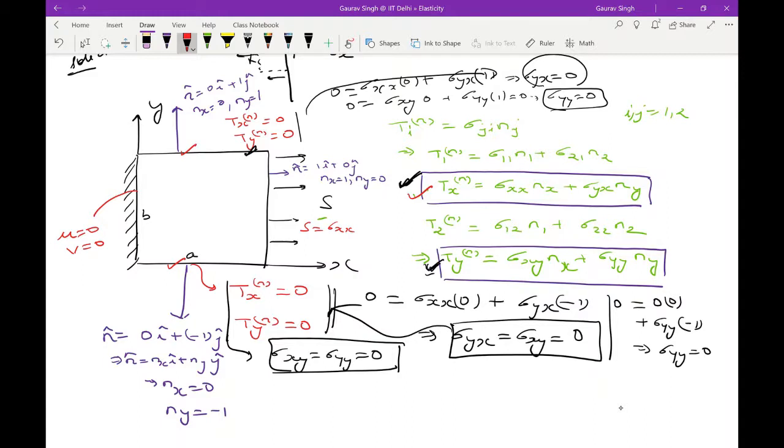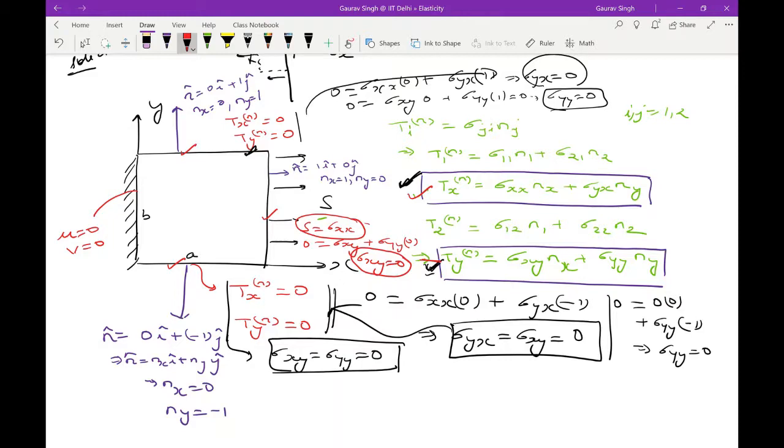So sigma xx will be equal to S. And now for the other one, it would be 0 equal to sigma xy, nx is 1, plus sigma yy times 0. So sigma xy is equal to 0. So we can write sigma xy is equal to 0 and sigma xx is equal to S for this particular face. So this is how we have to proceed in trying to write the answer for the stresses for all the boundaries.